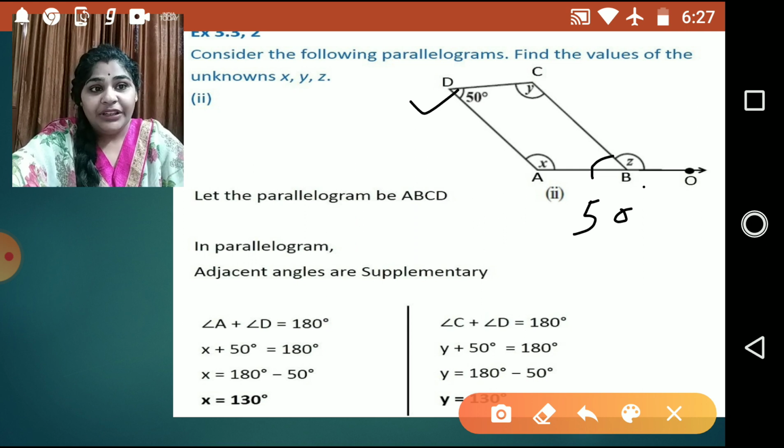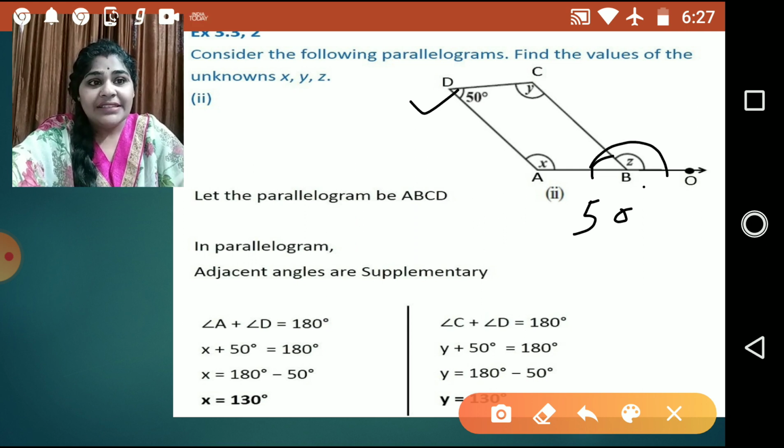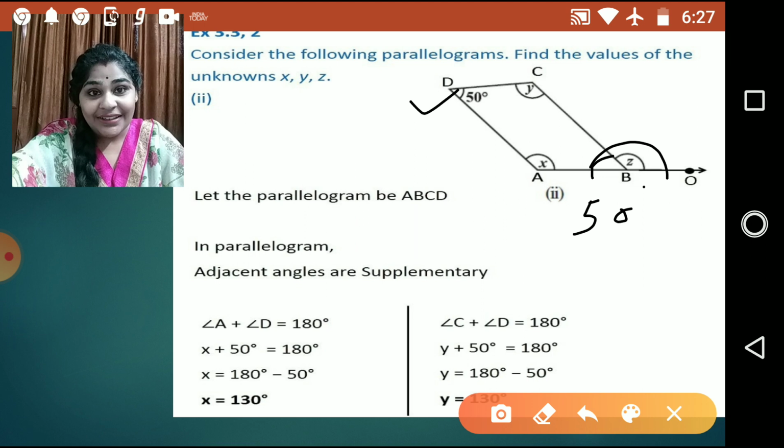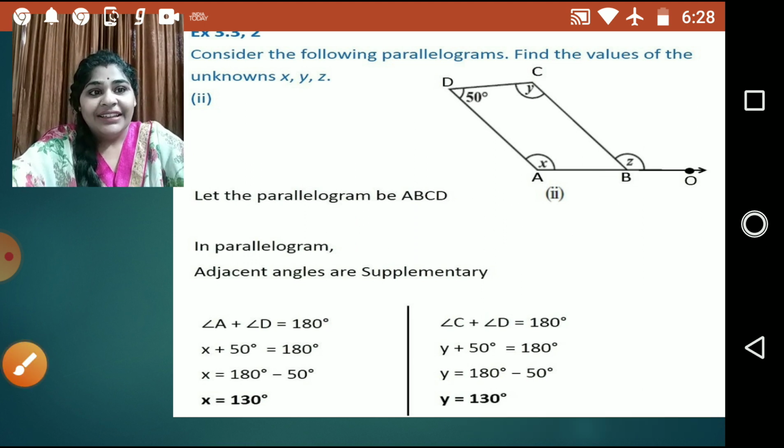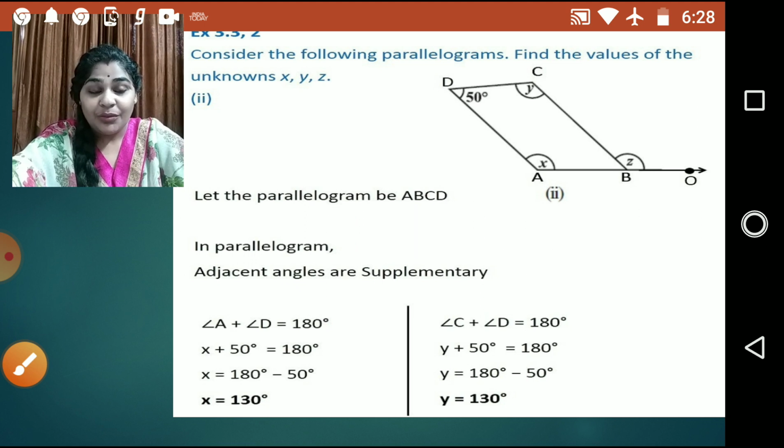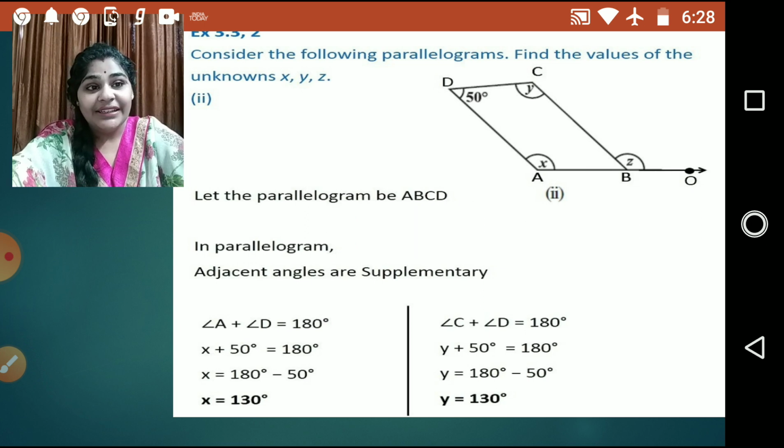And if this is 50, then 50 plus Z forms 180 degrees. The sum of the two angles is 180 degrees, supplementary angles, right? Then 180 minus 50 is 130 degrees. So angle Z will be equal to 130 degrees.